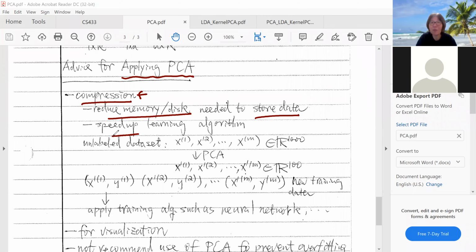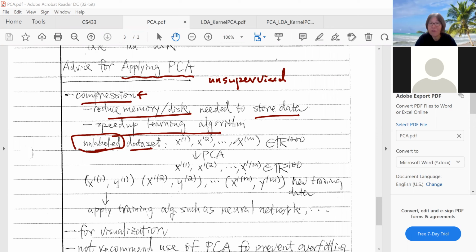And we can also speed up learning algorithms. And also remember, this is unsupervised. Because it's unsupervised, so that's why we said the data set is unlabeled. Okay, the data set is unlabeled.